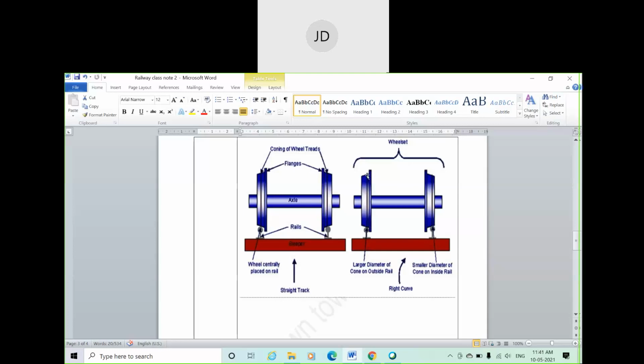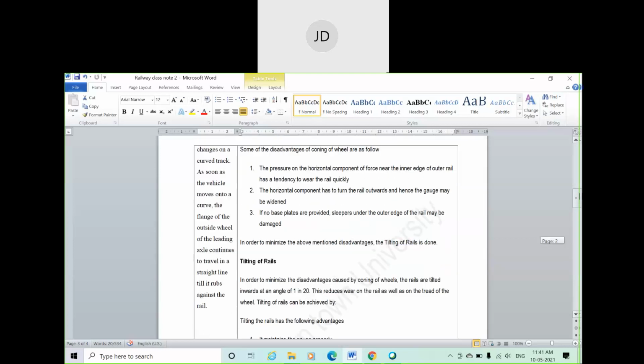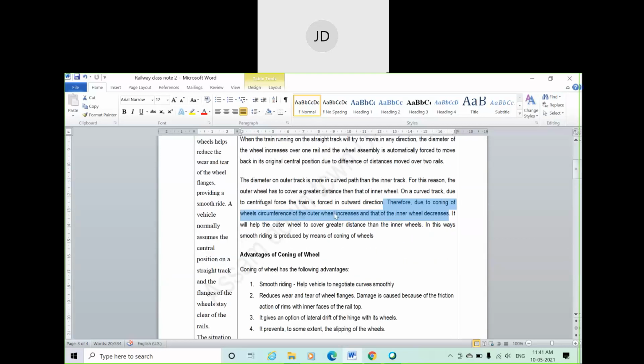You can see the line of contact is at this point, and the line of contact in the case of the inner wheel is at the smaller diameter point. This is because of the coning, and it helps the outer wheel cover a greater distance than the inner wheel.